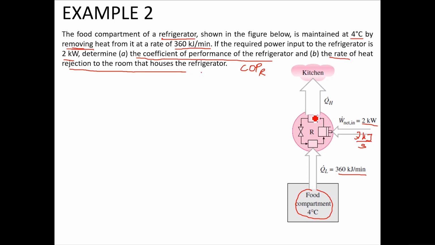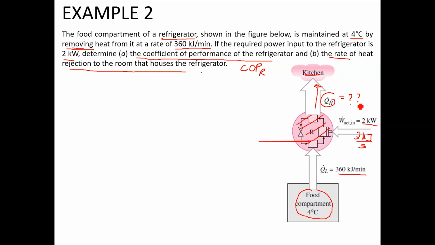So if this is your refrigerator, at what rate it is rejecting heat out to the atmosphere in the surrounding of this refrigerator, that is your kitchen or wherever you have placed it. So you have to determine what is Q dot H.